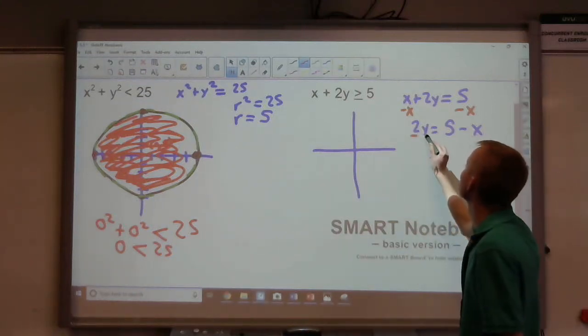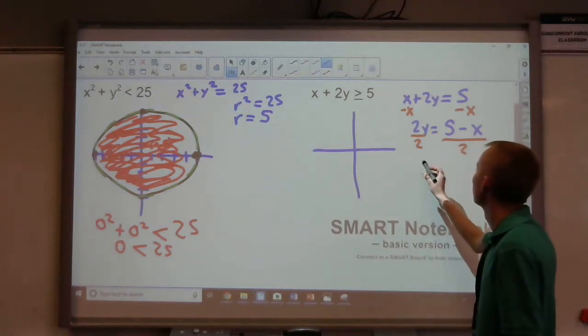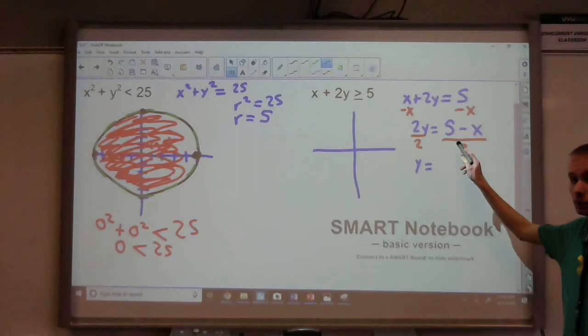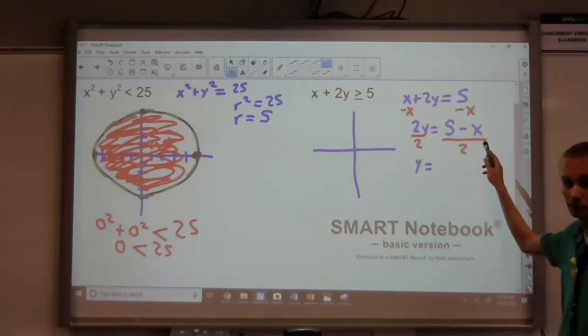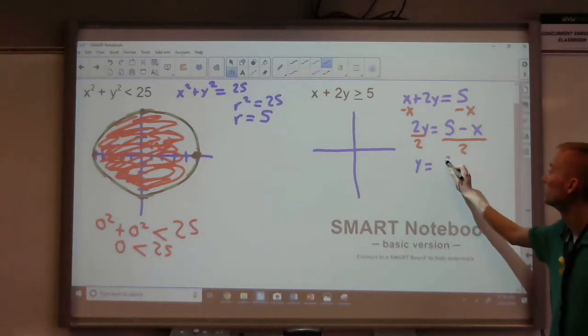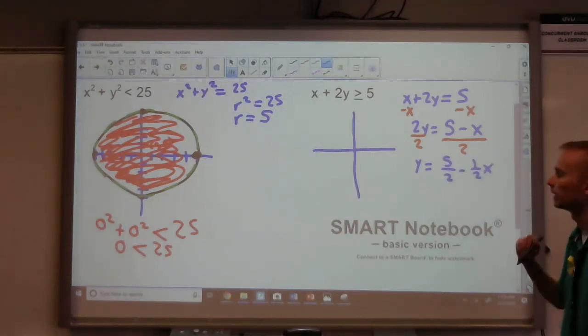I'm just going to divide all of this by 2. So what does that give me? That gives me y. Now you need to be careful here. When you divide this side by 2, you divide the whole thing by 2, not just the 5, right? So you get 5/2 minus 1/2 x.